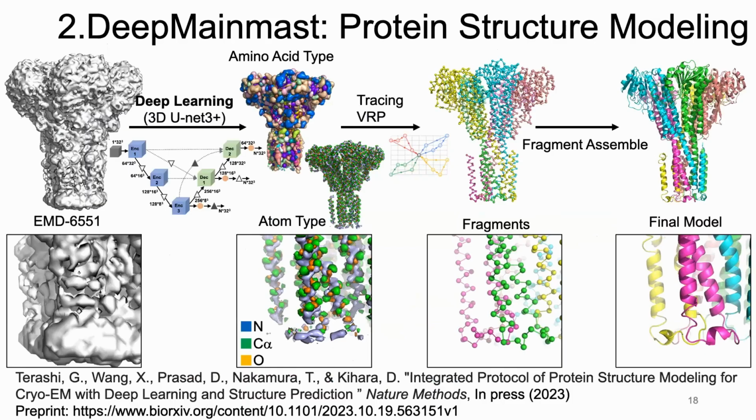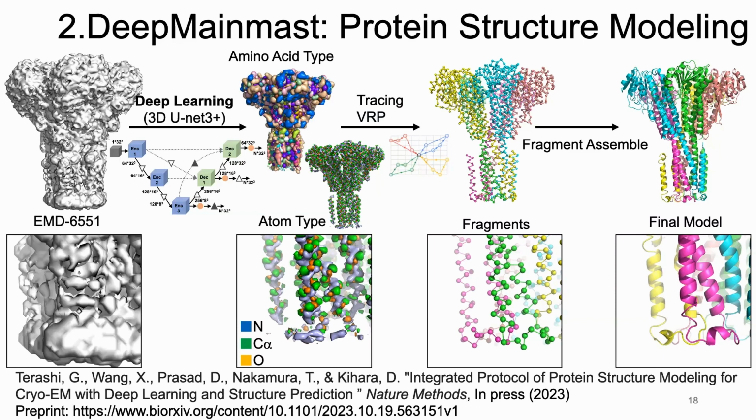Okay, so the next topic is DeepMainmast. DeepMainmast is a protein structure modeling method. Actually, this method is based on the DAQ score. By using the deep learning architecture, we can estimate what kind of amino acid or atom type should be at this position. Based on that information, we can not only evaluate the atomic model, but also build the structure. The idea is almost the same as in cryo-EM.